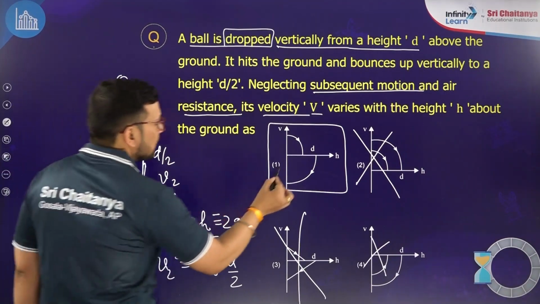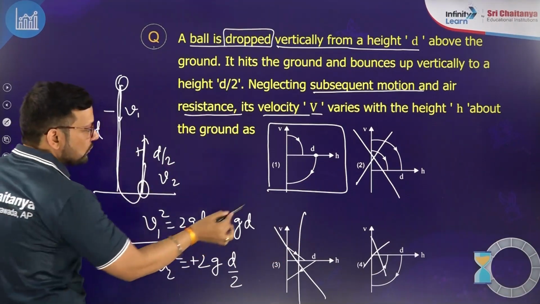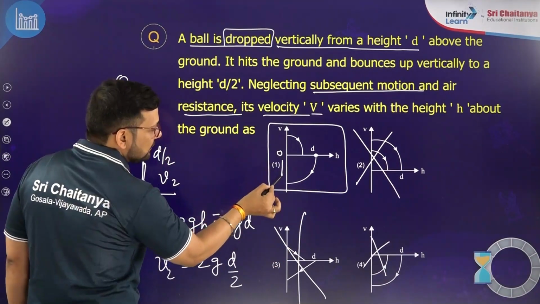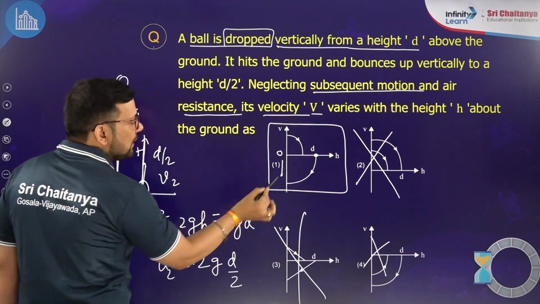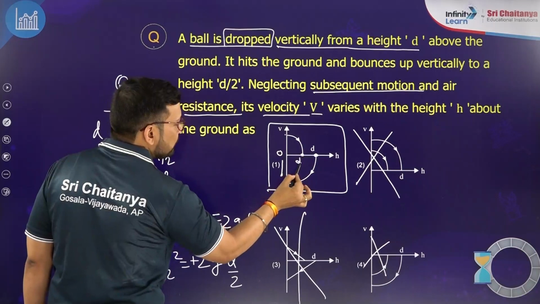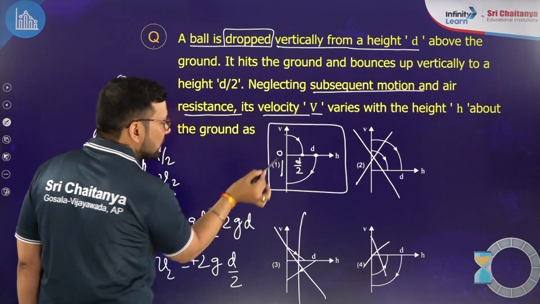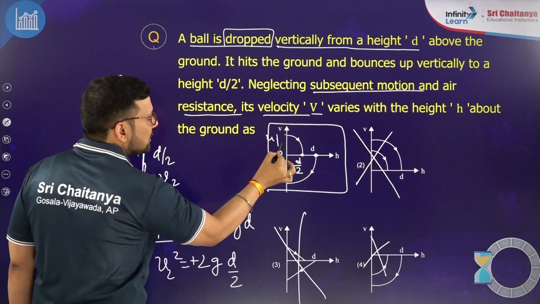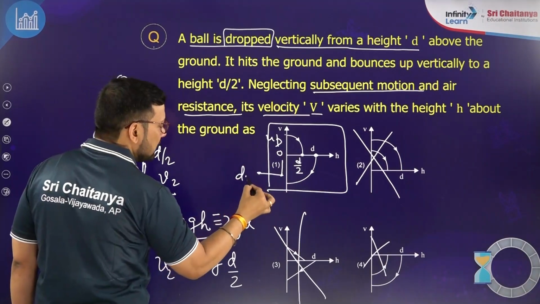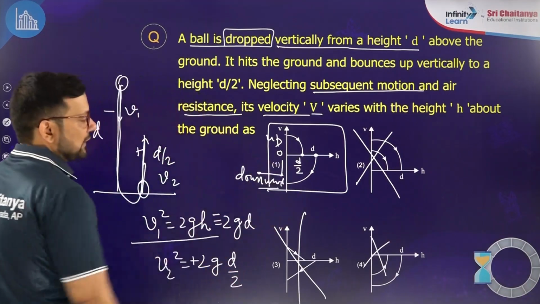So up to here is d, that is for downward motion, v is below origin, that is negative, and the graph is parabolic. For upward motion, v is positive and that point is up to d by 2. This is again parabolic but above origin. So this is motion upward and that is motion downward. Hence we can go with option 1.